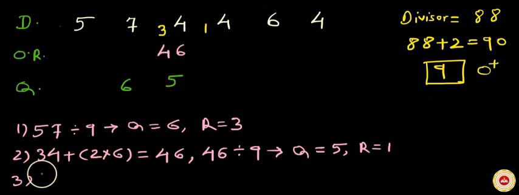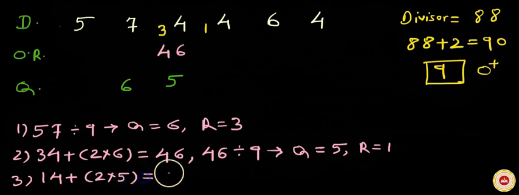Okay, step number 3. To this 14, add 2 times the last quotient, which is 5, which gives us 14 plus 10, 24. This 24 is the second osculation number and is written below this 14.